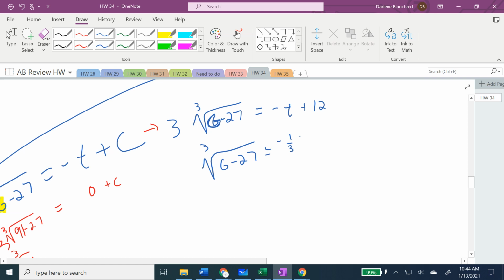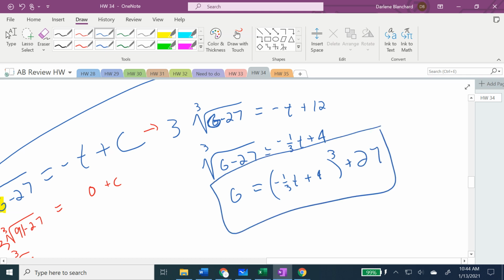So negative 1/3 t plus 4 when I divide by 3. Then I cube both sides. I'm going to have to do this kind of quickly. I'm going to cube, and then I'm going to add the 27, and I have my function.